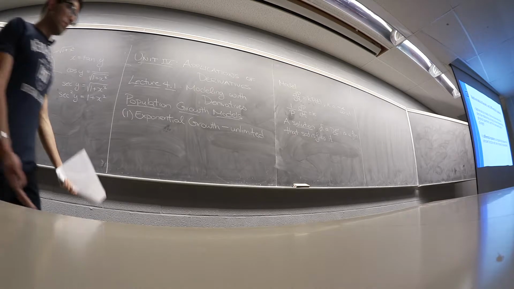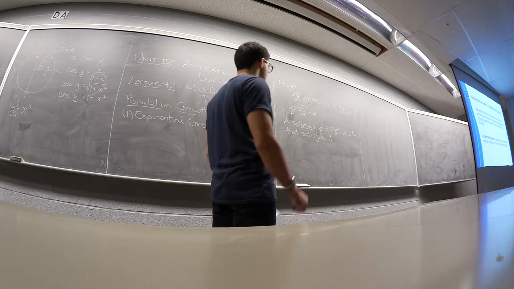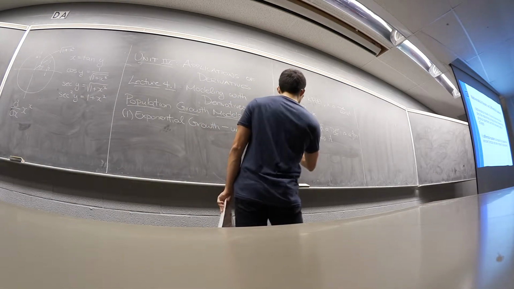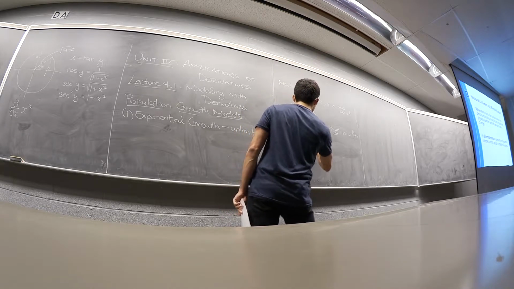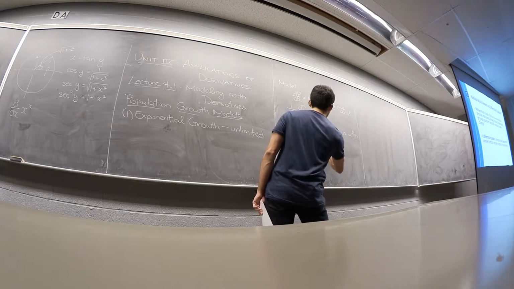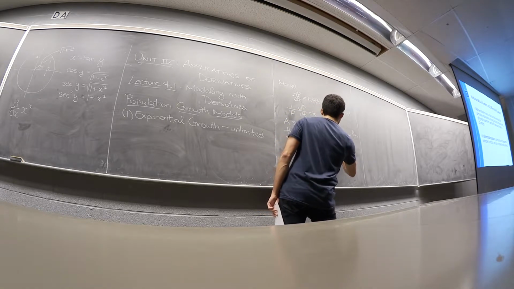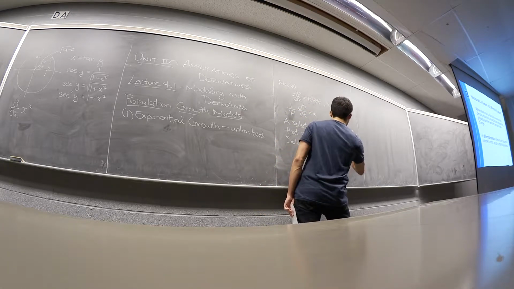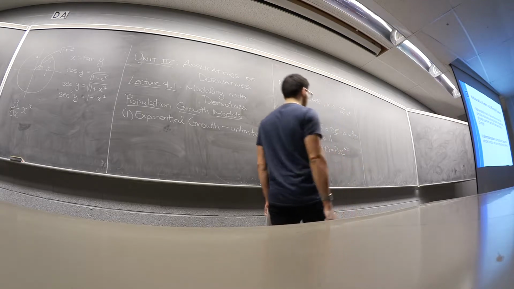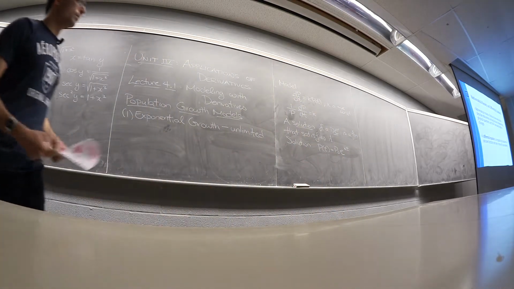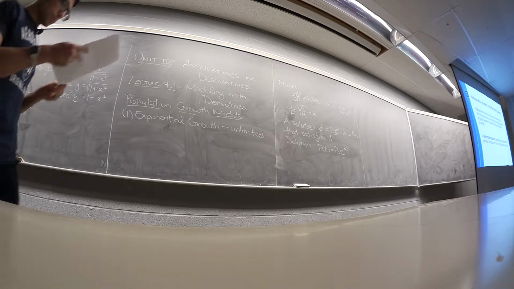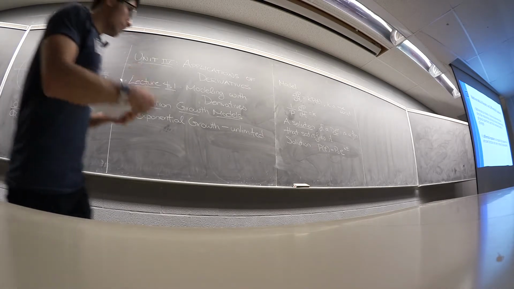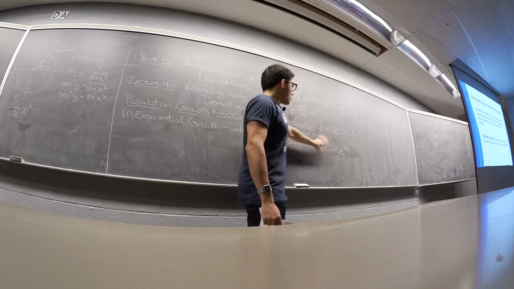And as we just hinted, the exponentials solve this. So the general solution of this differential equation is of this form. Exponential growth. Yep? And there's no more growth rates here.